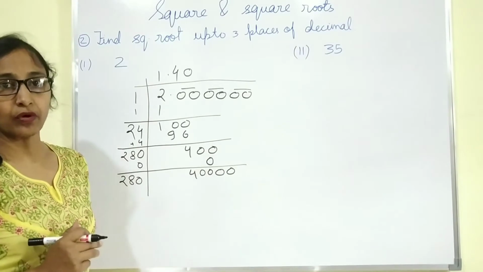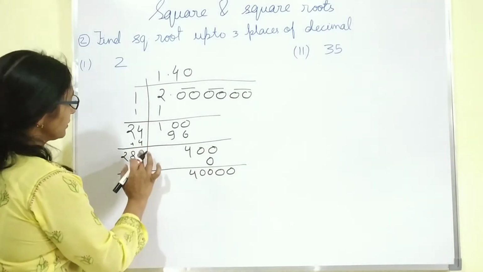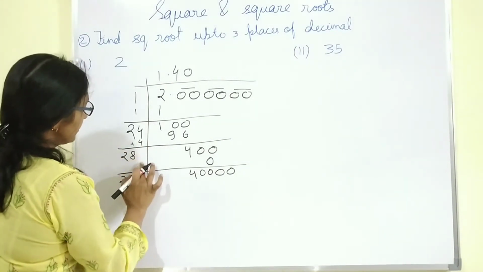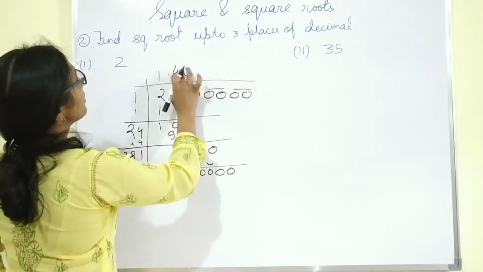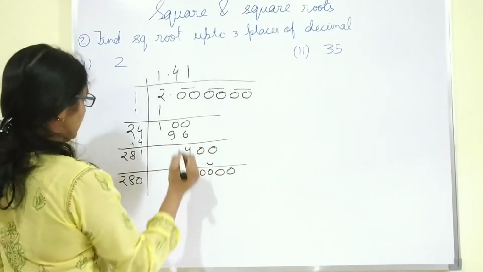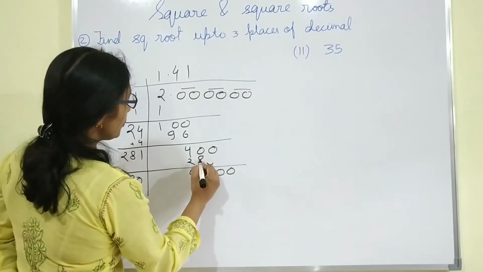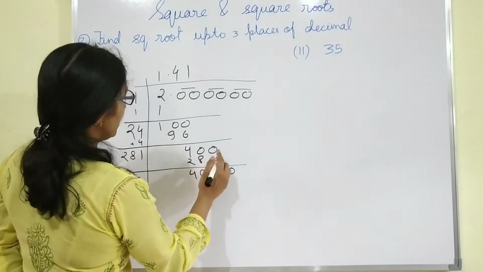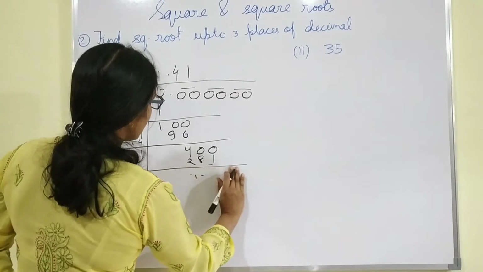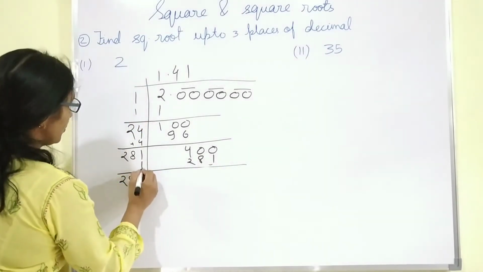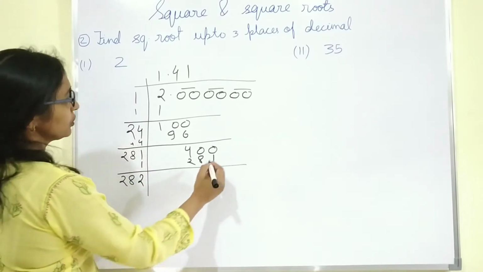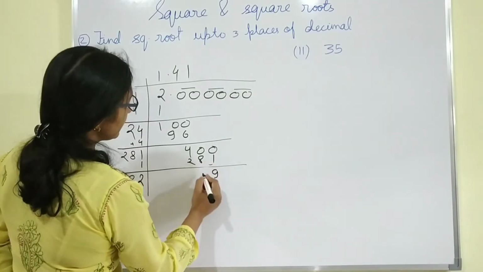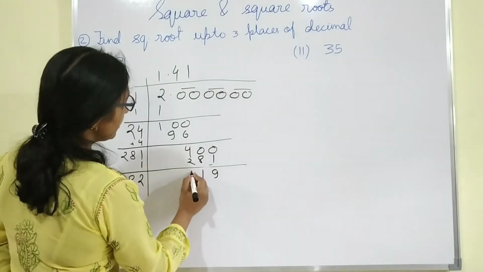Sorry, I have done it wrong. I have to take 1 here. So it is 281. We will add 1.